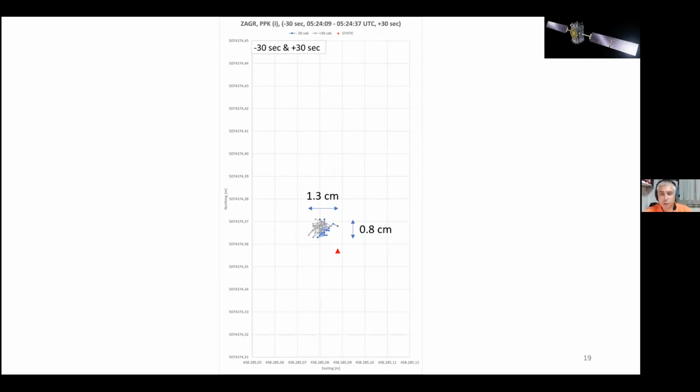If we remove the effects of the earthquake, then we have only blue, green and gray dots, and you can see that all those 60 dots are within a range of 13 millimeters in direction east-west, and 8 millimeters in direction north-south.